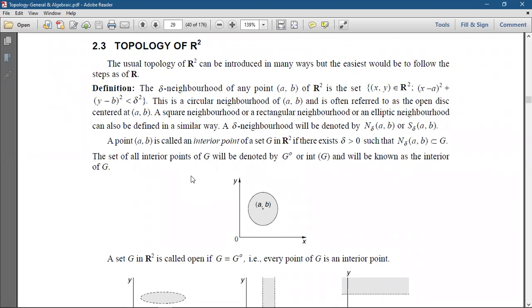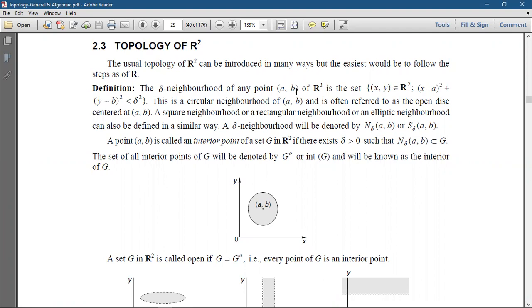The first one is the delta neighborhood. The delta neighborhood of any point (a, b) of R square is the set of (x, y) belonging to R square such that (x minus a) whole square plus (y minus b) whole square is less than delta square.